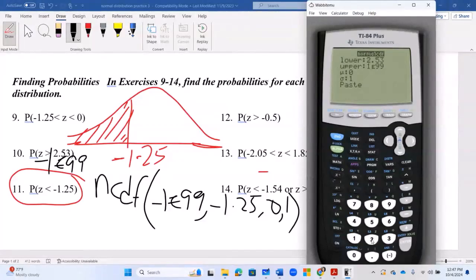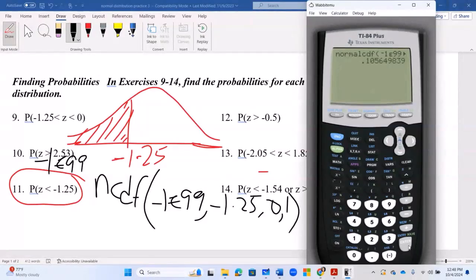The lower number is negative infinity, so I put negative 1e to the power 99. Then the upper bound is negative 1.25. The mean of standard normal is 0, standard deviation is 1. I'm going to paste.